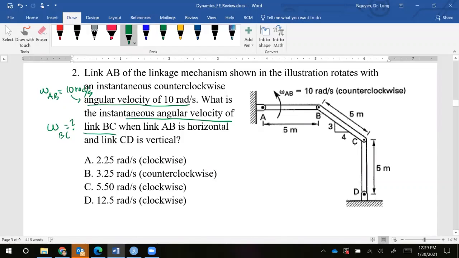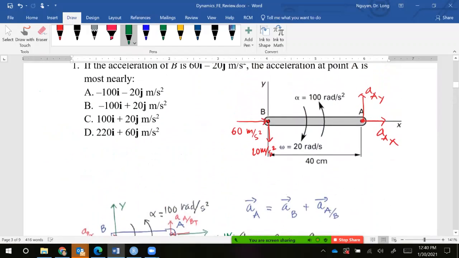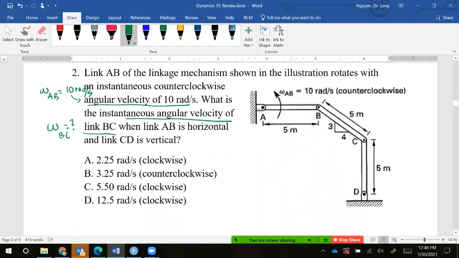So they give us one body's properties, and we find out another body's properties. The previous problem gave us one point's property to find another point. This one is body to body. Make sense? As I stated earlier, there are different bodies, so you need to find the common point. And as you can see, between AB and BC, the common point is B, right? Common point B.